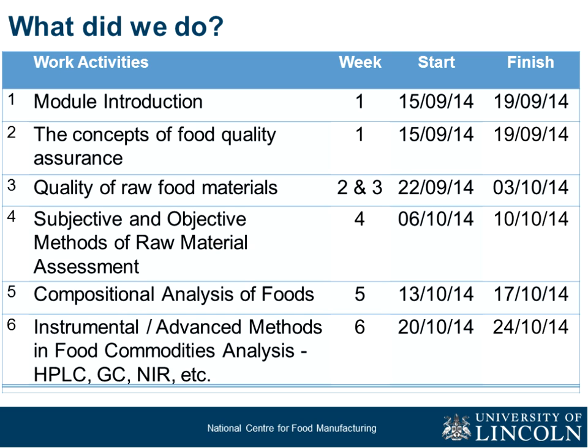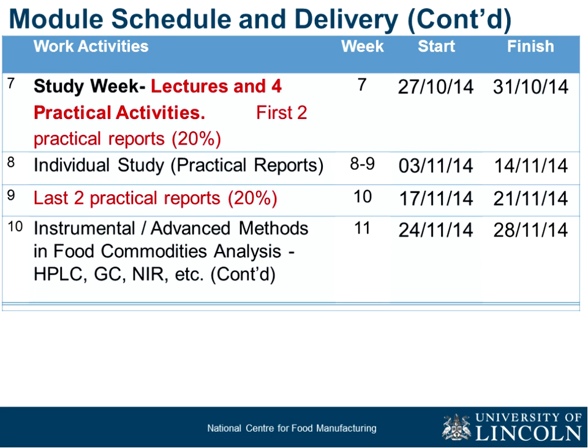Then we also talked about the compositional analysis of food. Then we discussed in week 6 the instrumental methods, where I put in a lecture delivered by Professor Tony Taylor during the study week. Then in week 7 we have our study week where we had the 4 practicals and some lectures. Then in weeks 8 and 9, that was when you were asked to do your practical reports.